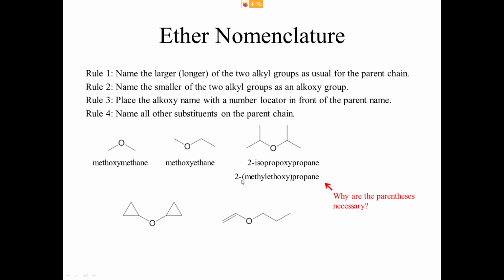If I didn't have these parentheses there, you might misinterpret it as the methyl is on number 2 of the ethoxy, which is not possible, but you might interpret it as that, and that's a bad idea. So you're exactly right. By putting it in parentheses, much like we do math, everything in parentheses is on number 2 of the propane. That wasn't necessary up here because isopropoxy had no other locations within itself. Like this one did have other things in itself. I just didn't need a number in front of methyl to tell you where it was.